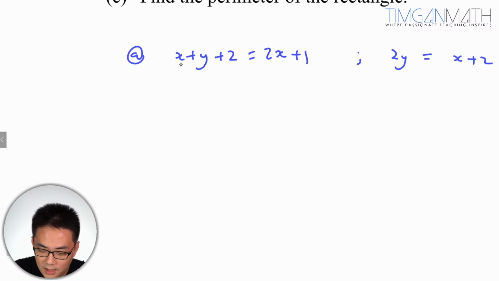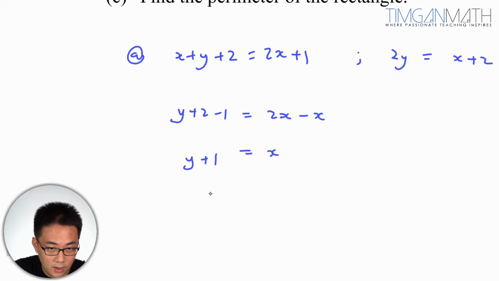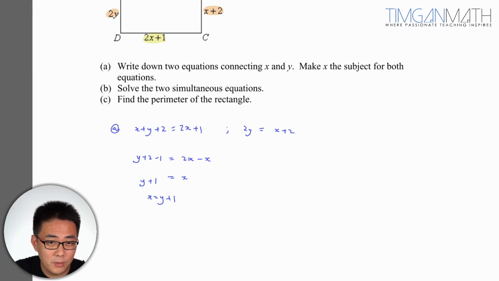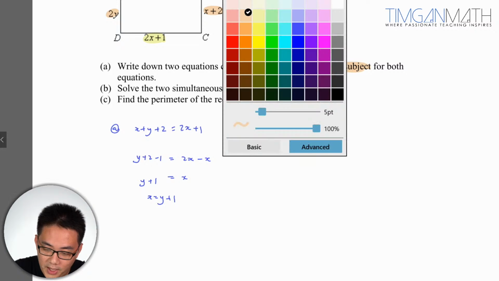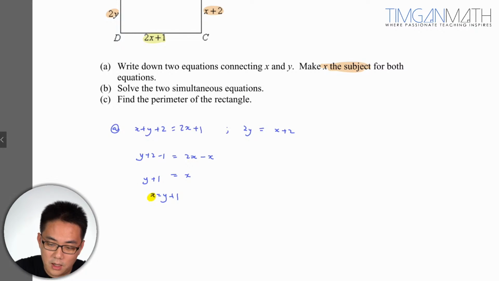Once done, we're going to move the x to the other side, and the 1 to the other side. So this will be y plus 2 minus 1 equals 2x minus x. This will be x, and this will be 2 minus 1. So x equals y plus 1. That is the first one, because they say make x the subject for both. Making x the subject means that x has to be standing alone.